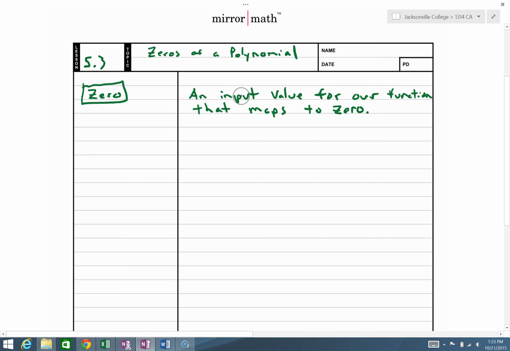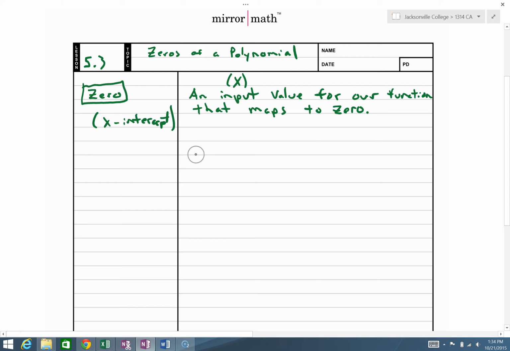And by input, in our generic case, that's x. It's an x value that maps to zero. Said another way, a zero is an x-intercept. You can think of a zero as being an x-intercept.